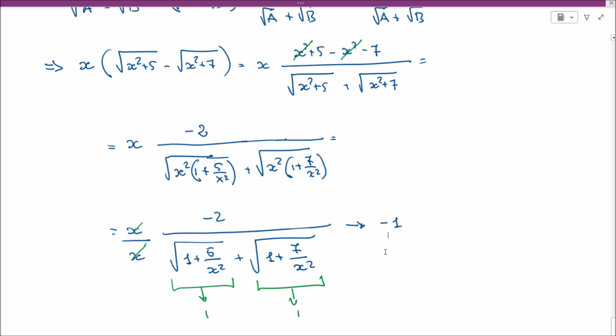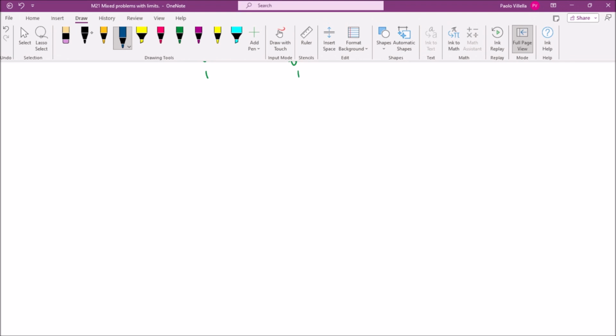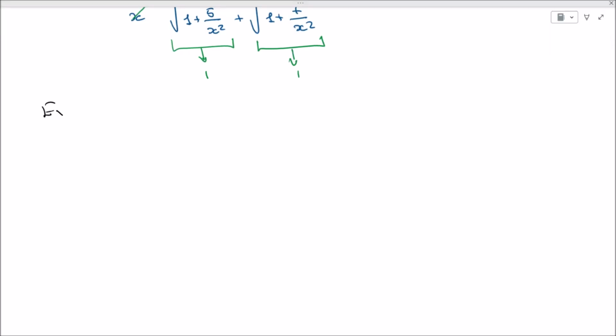Okay, so let's give another example of rationalization. So example 4. Let's consider the limit as x goes to 0 of this fraction.